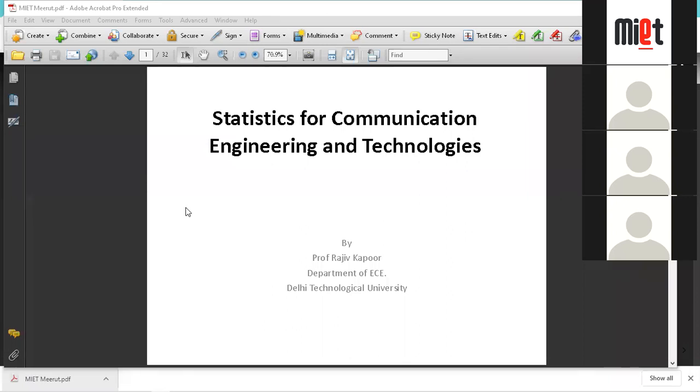What I have done is I have taken the radar, especially the MTI radar, as a case study. When we talk about communication engineering and technologies, it is not just the hardware or the baseband communication.